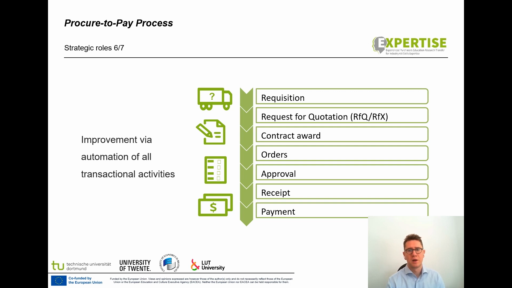This includes requisitioning, so submitting a request for product or service, RFX, so that means conducting requests for information, proposal, or quotation, contract award, that means finalizing and approving the supply agreement, orders, which means issuing purchase orders to suppliers, and approval, ensuring internal validation of the order, followed by receipt to confirm the delivery of goods or services, then payment, processing invoices and making payments.